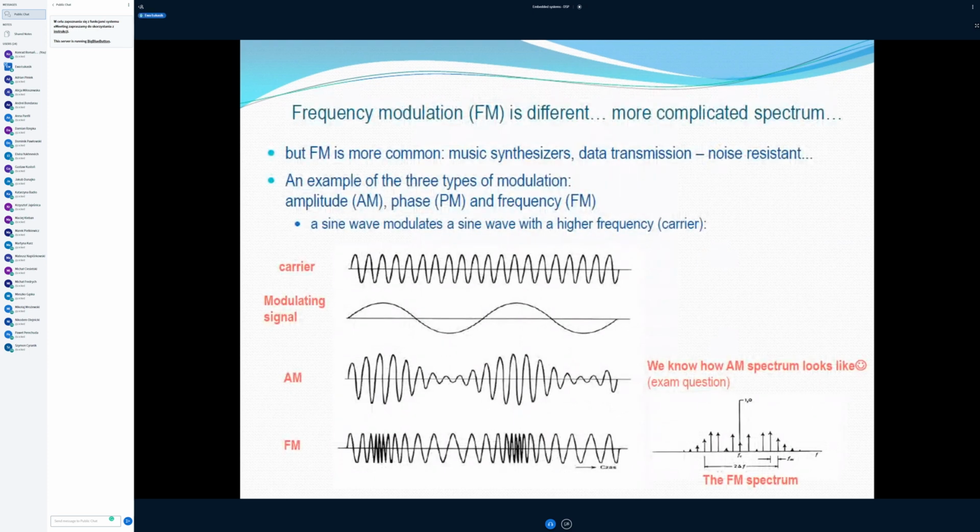Now frequency modulation, a small repetition. Frequency modulation has a much more complicated spectrum, but the good thing is that it is less sensitive to various noises and distortions. Why?